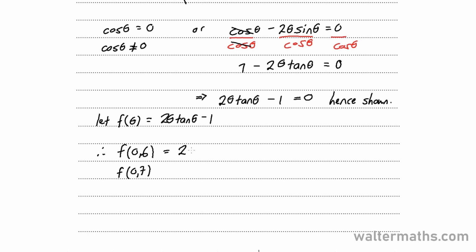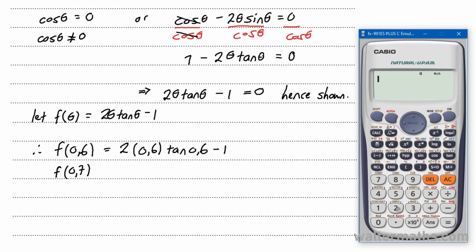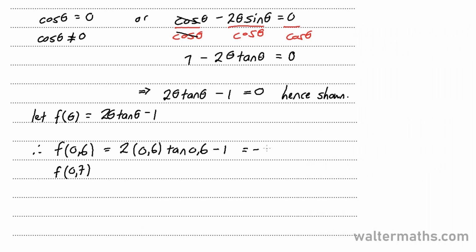So that'll be 2 of 0.6 tan of 0.6 minus 1. So it's 2 times 0.6 tan 0.6, and that's minus 1. And we get minus 0.179. And for f of 0.7, that's 2 of 0.7 tan of 0.7, and it's minus 1.